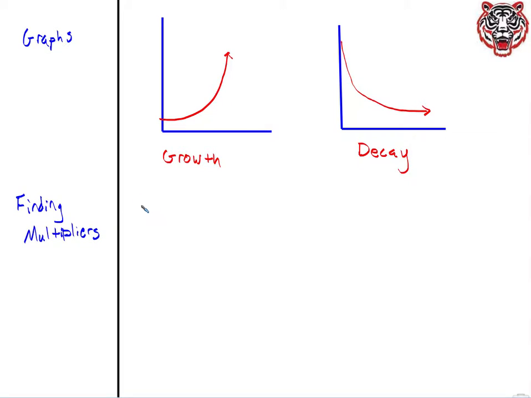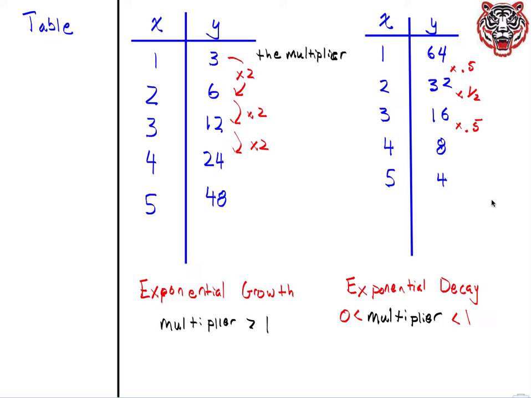All right, so I'm going to tell you that we have a growth example and a decay example. I'm going to say something like 7% growth. I need to find the number that I multiply by in this table for a 7% growth. What do I multiply every time?